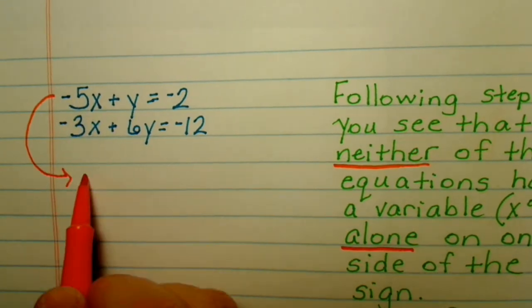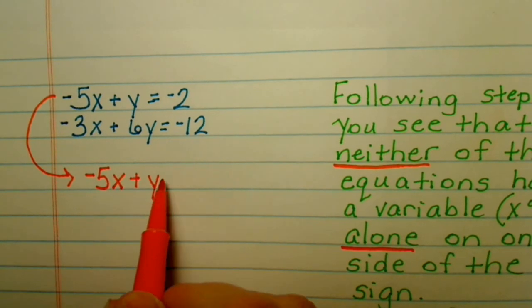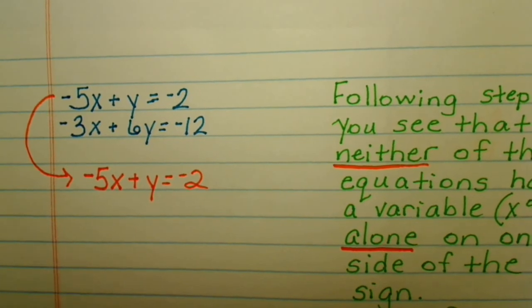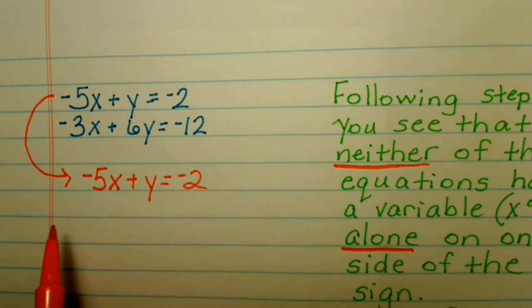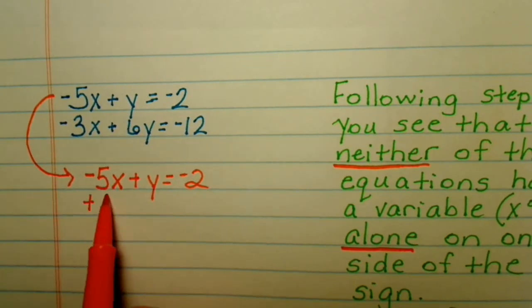All right, so we're going to take the problem, negative 5x plus y equals negative 2, and we're going to change from standard into slope-intercept form. That's also one of my new videos that I just added. So if you have forgotten how to go from standard to slope-intercept form, then I suggest you go back and watch that.